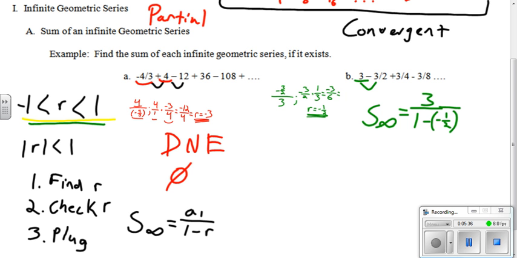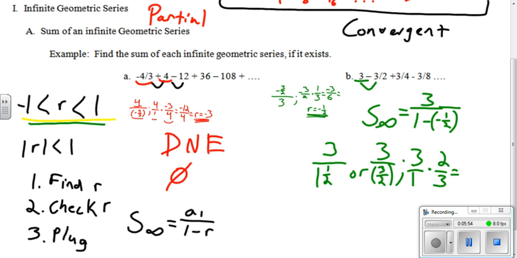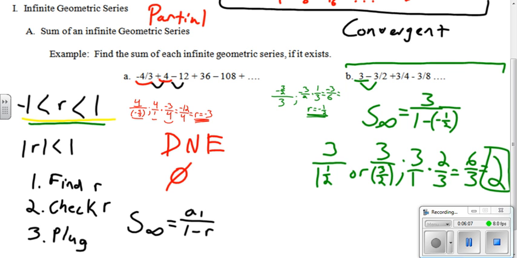So we can either say that it's 3 over 1.5 or 3 over, I'm going to call it 3/2. Makes things a little bit easier to deal with, because then it's 3 over 1 times the reciprocal of our fraction there, 2/3. So then it's 6 over 3, which is the same as 2. So if we were going to take all of these numbers forever, add them all up, they would sum up to 2.